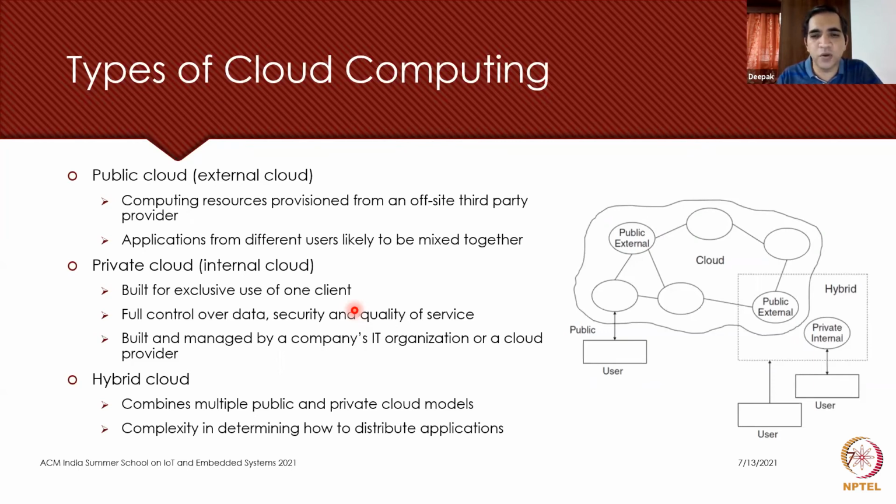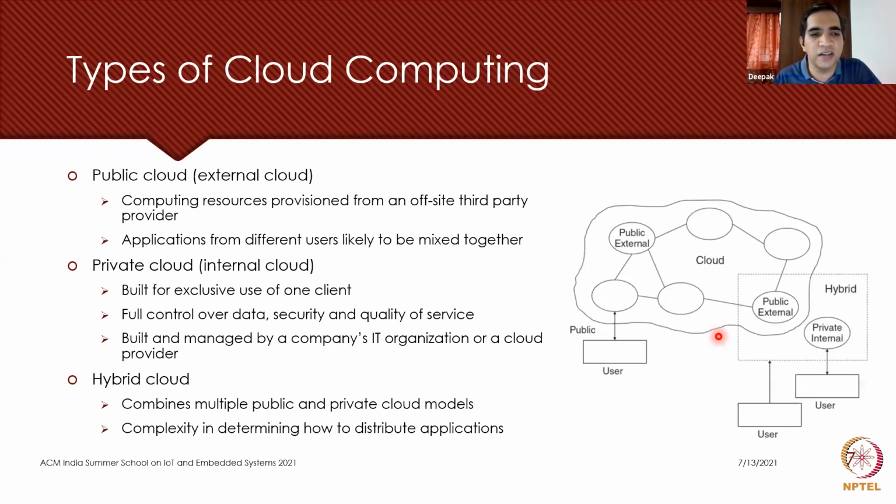The three types of cloud computing that are used in various scenarios are public cloud, private cloud, and something called a hybrid cloud. So public cloud is the scenario where multiple users are asking a third party cloud service provider for some resources or some services, like we already saw.